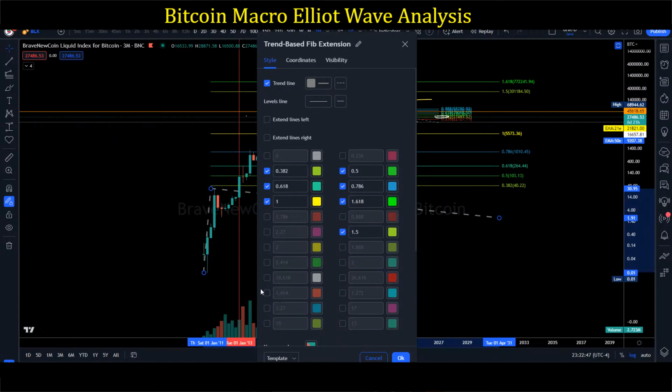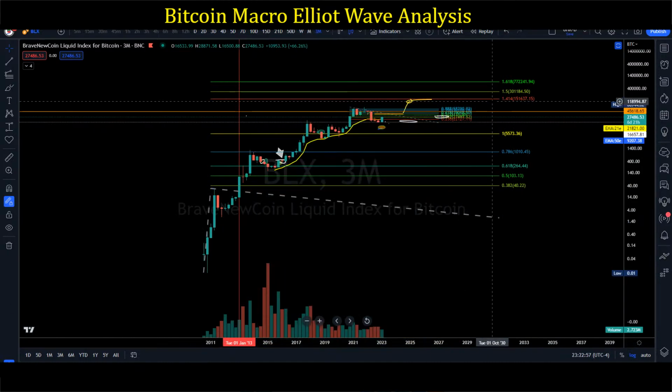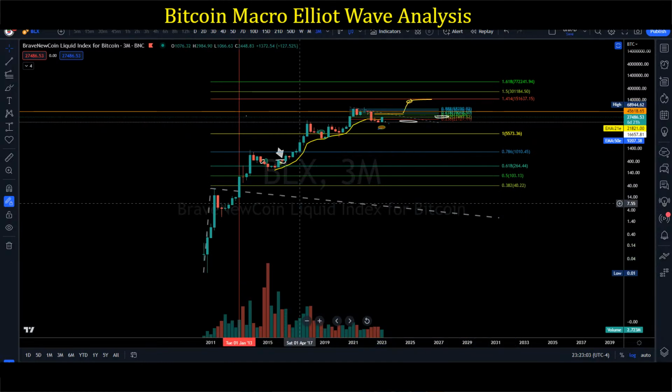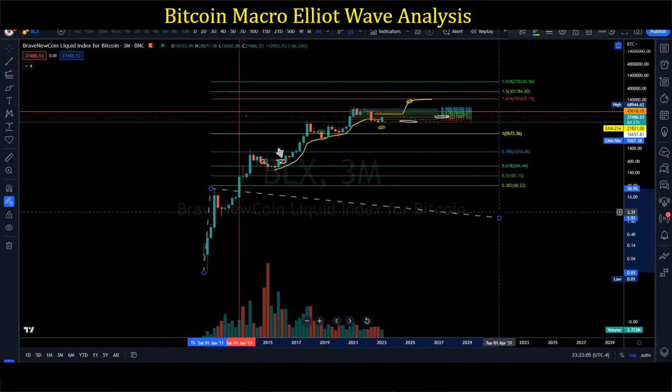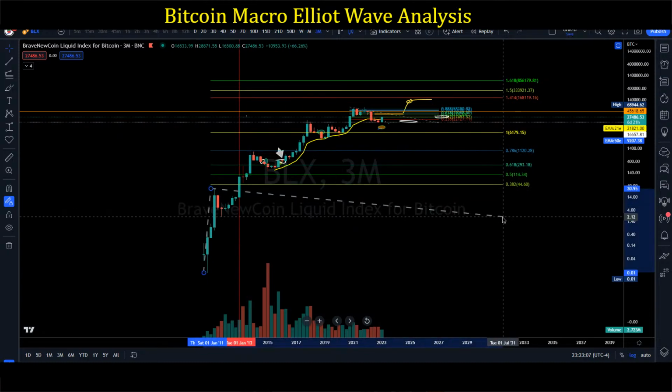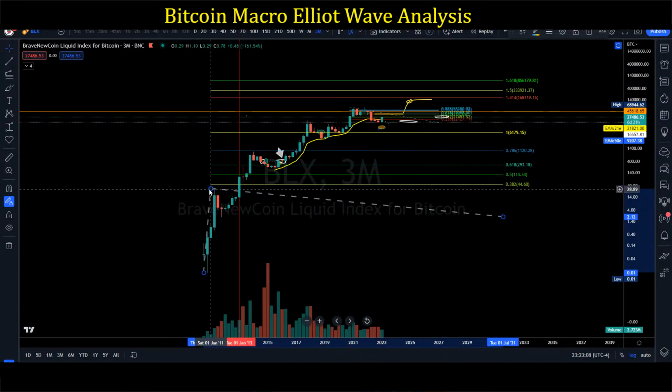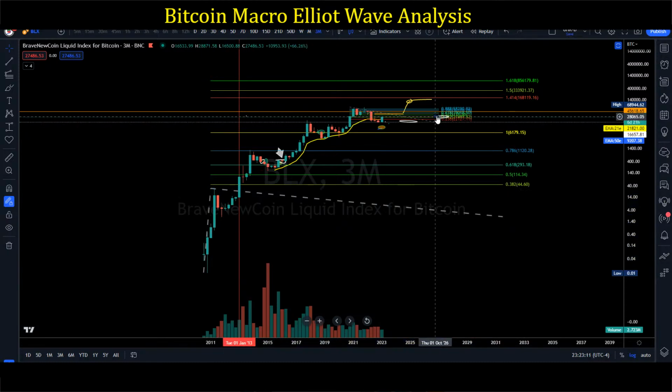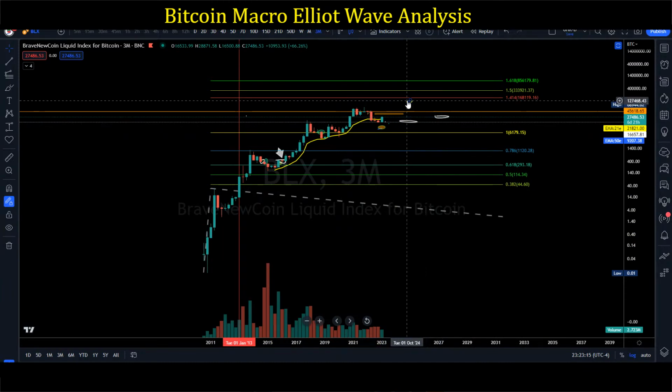So that 180 is nothing but the extension, the 1.41 extension to the upside.